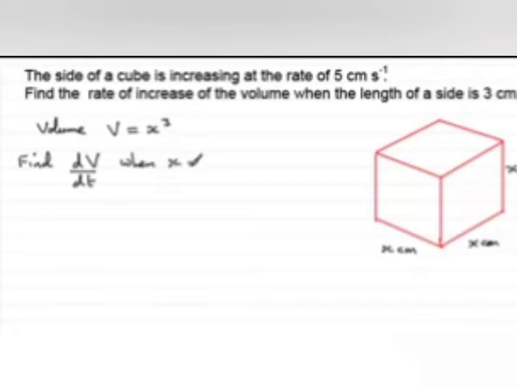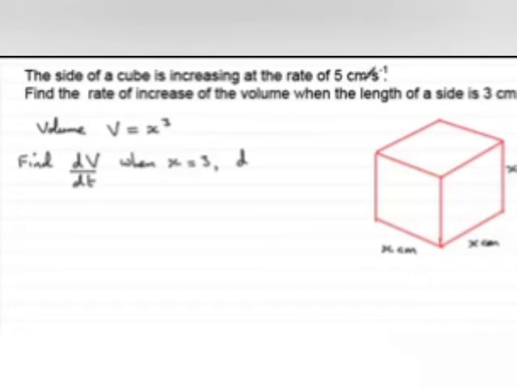When our x that we are given in this question is equal to 3 centimeters, the x given is 3 centimeters. Don't forget, rate of increase of volume is dV/dt, and our x given is equal to 3.